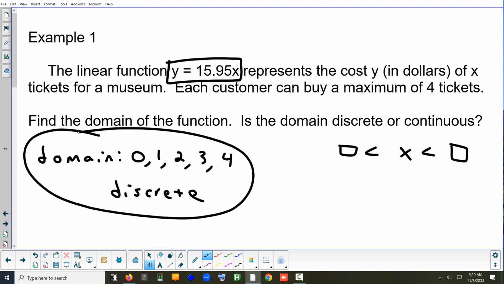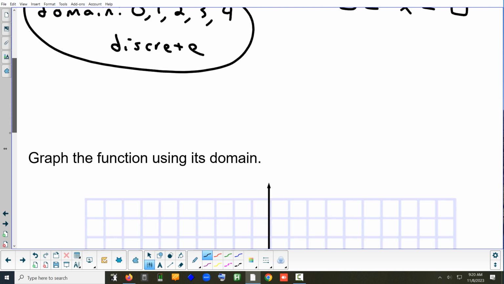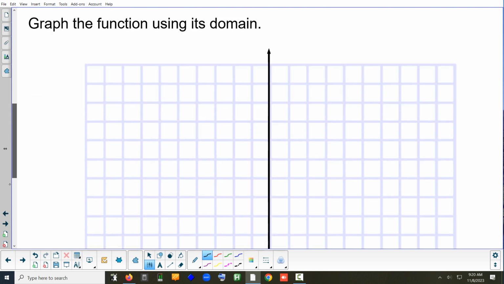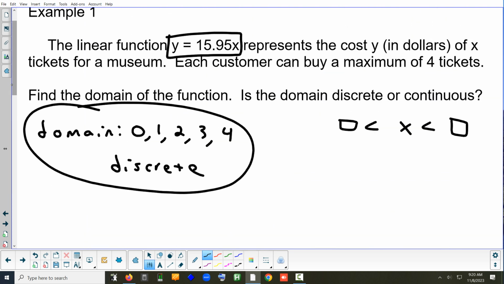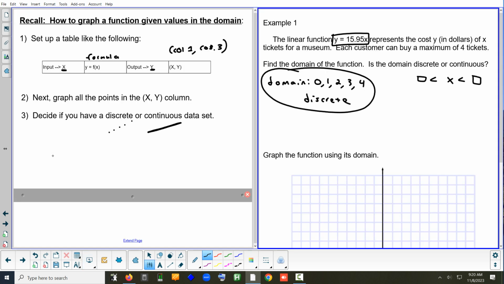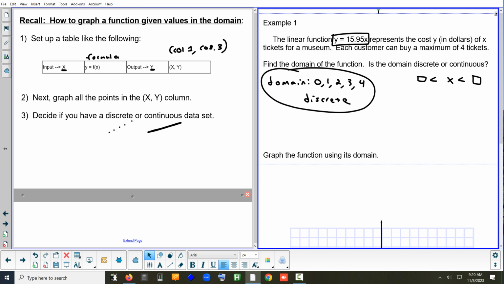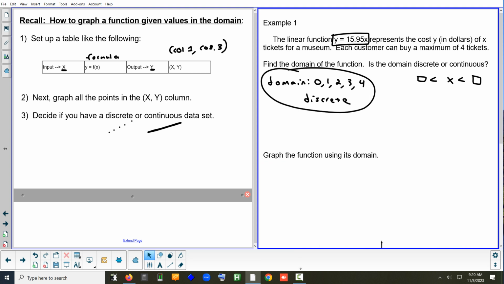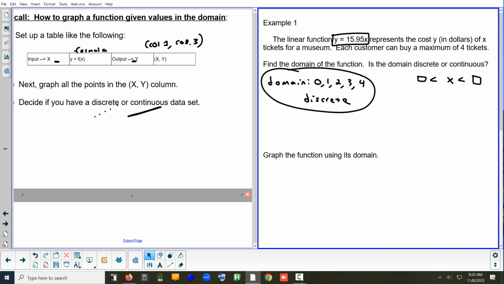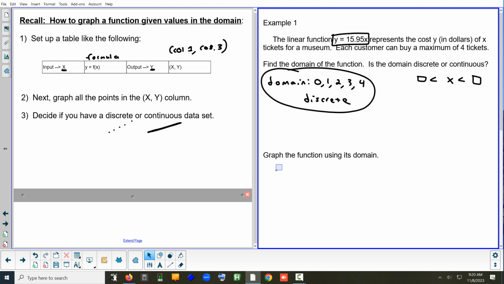Okay, now they want us to graph using the domain. All right, so now we're going to make that table. I'm going to just move this down a little bit. All right, so the first column is the x.